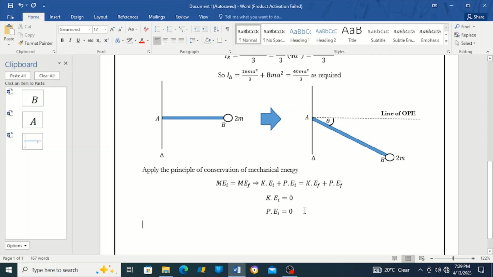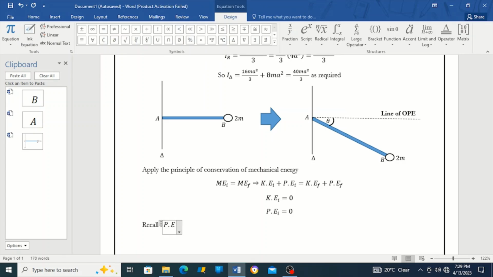So let us define. You should recall that potential energy, for a certain body, is the mass of the body times acceleration due to gravity times h. Now what is this h? Pay attention to this. This h is the distance of the center of mass of that particular body from the line of zero potential energy.